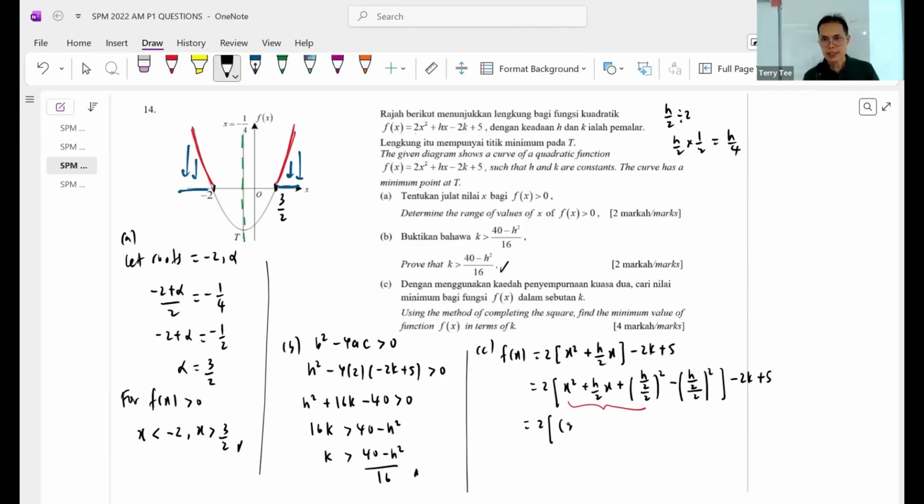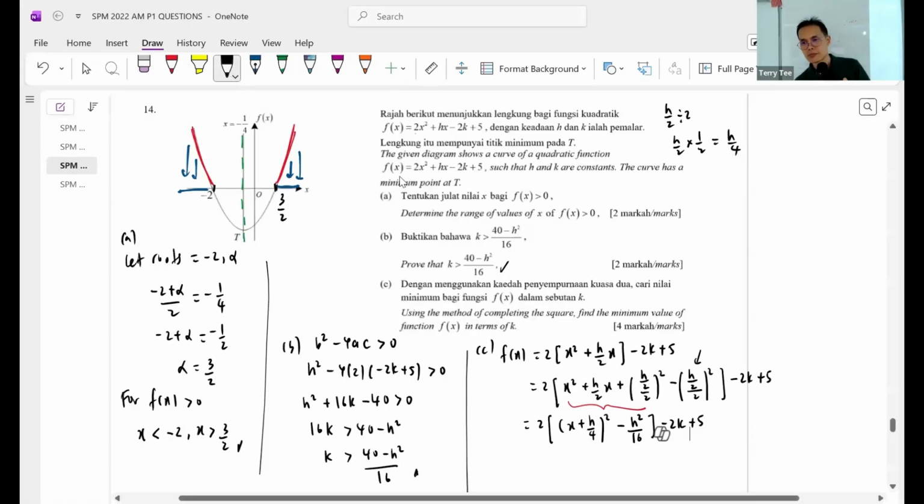But I'm going to write this as x plus h over 4, close bracket, square. And you need to always minus the additional term that you add here, this one. h over 4, when I square it, is h squared over 16, minus 2k plus 5.